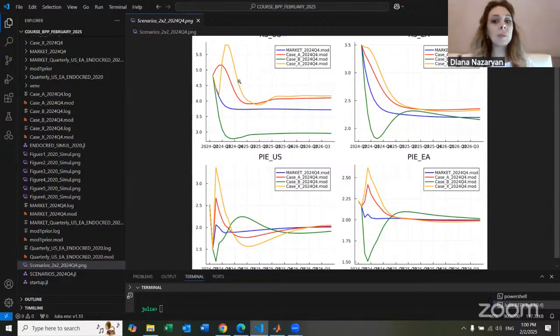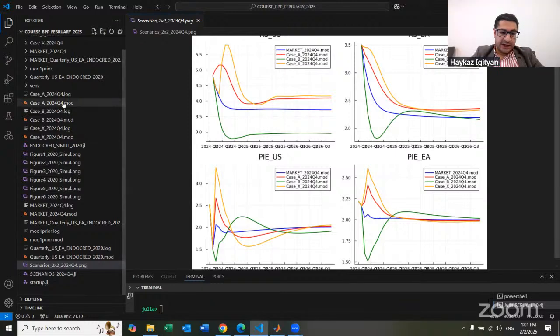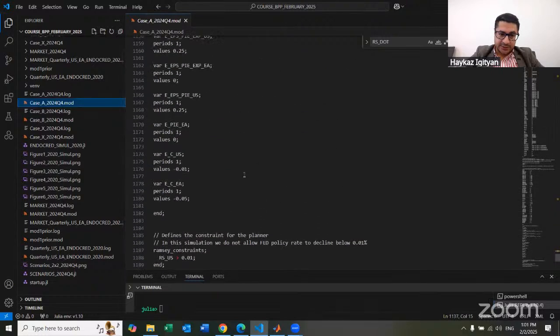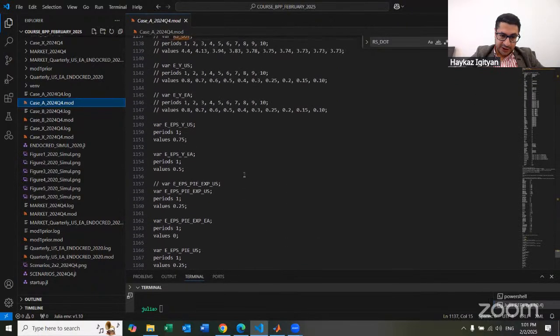So this is the euro area shock to the US jump in inflation. Am I right? In case X? No, in the whole model, we have simultaneous shocks. We have some shocks for the euro area as well.